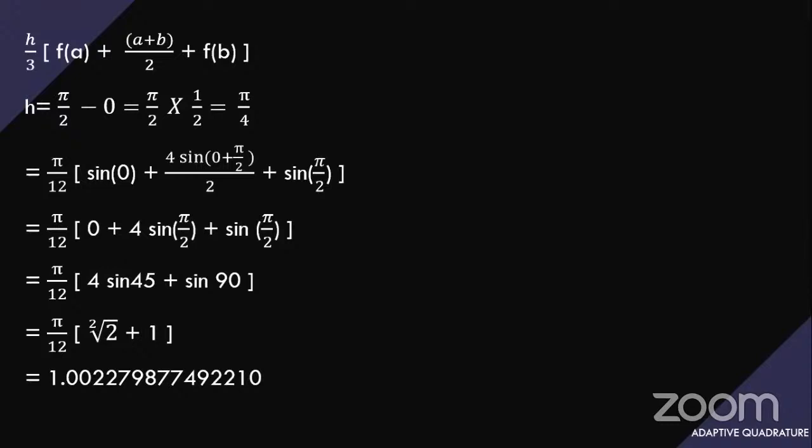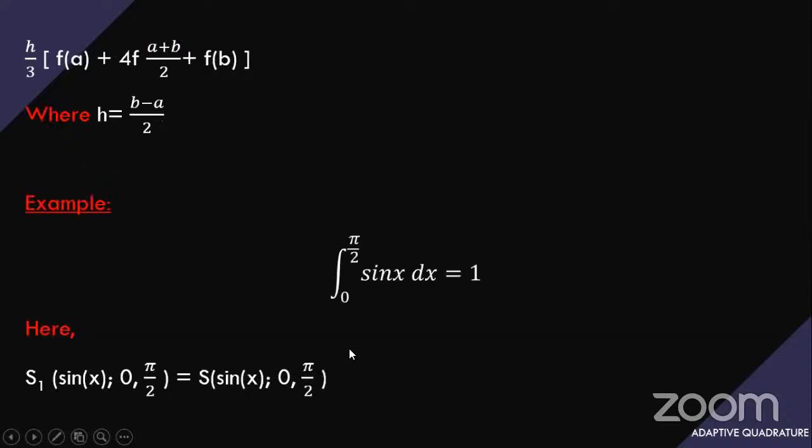Yes, sir. I'll take it again. So I said that when you want to get the value of h, h is equal to b minus a over 2. The values of b and a are the intervals that will be given in the question. So the question says that the interval is 0 to pi over 2.